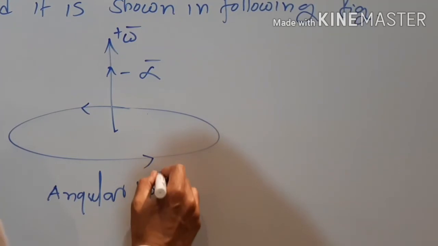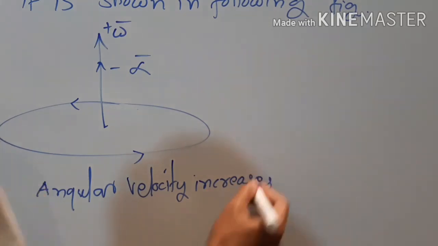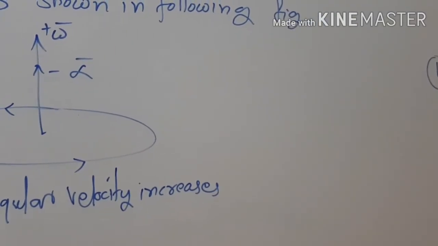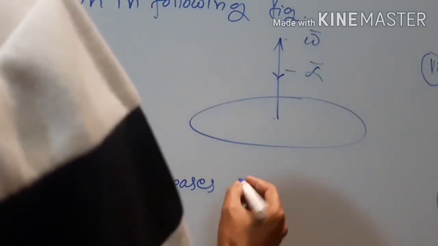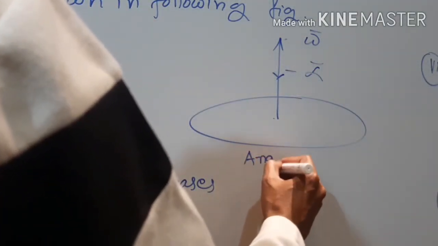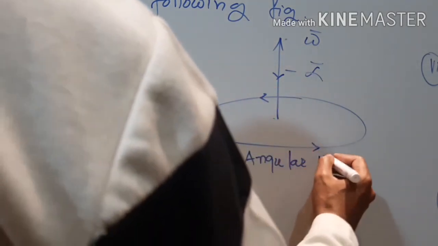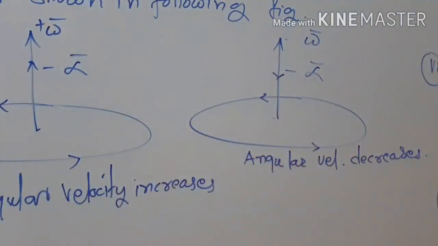And draw another figure: omega bar and minus alpha bar, angular velocity decreases.